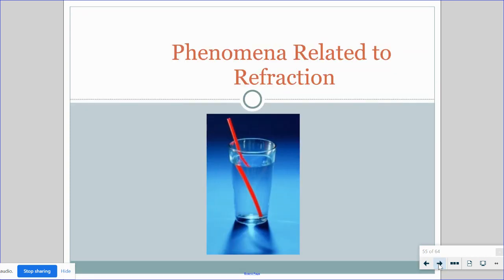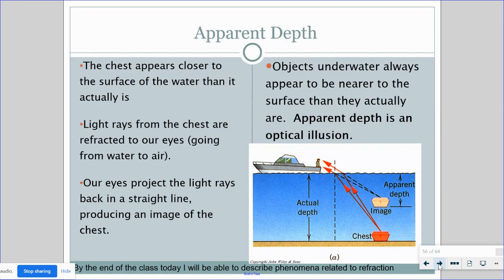Now, what are some of the phenomena related to refraction? First is apparent depth. Here we again have the chest. The light is going from a slow medium into a faster medium, so it bends away from the normal, but our eyes know that light travels in a straight line, so we extend the refracted ray straight, and we see the image kind of floating in the middle here, and that's what we call apparent depth.